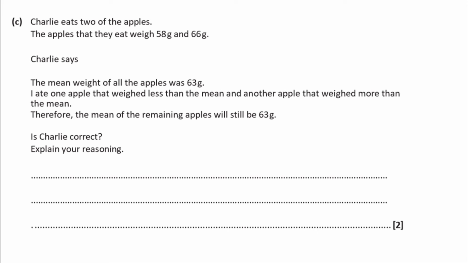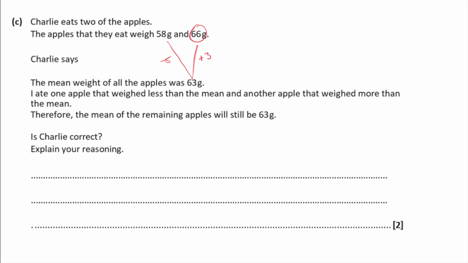Well, if you think about it, the difference between 63 and 58, these have a difference of what? That's minus 5. So the 58 gram apple was 5 grams below the mean. Whereas the 66 gram apple, that's 3 grams above the mean.